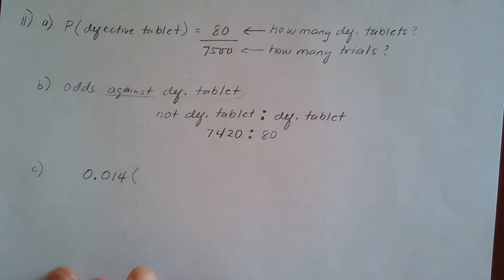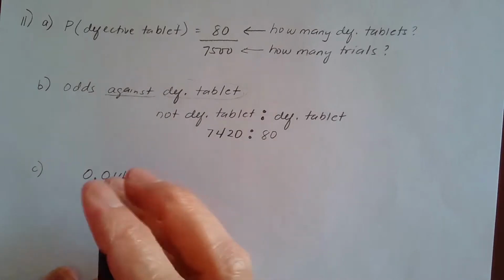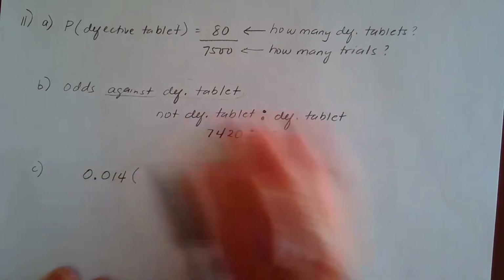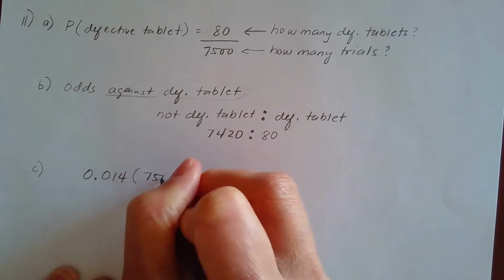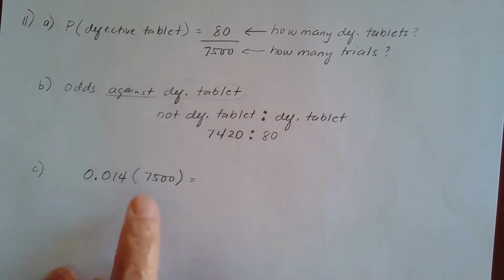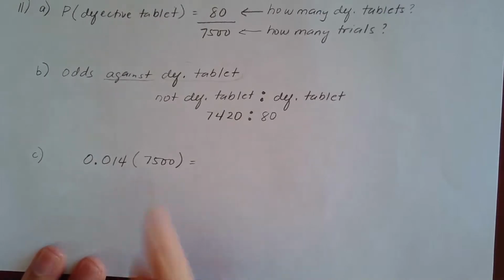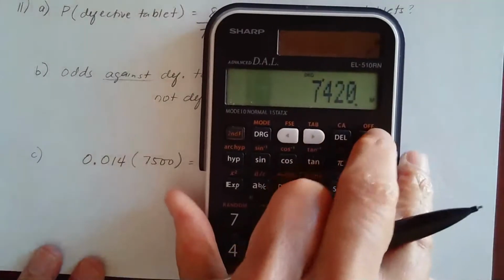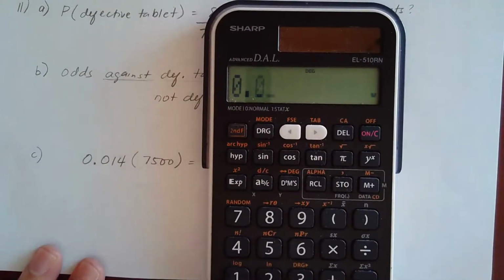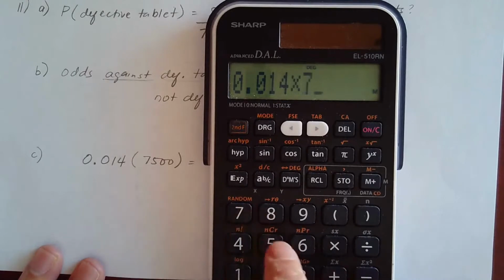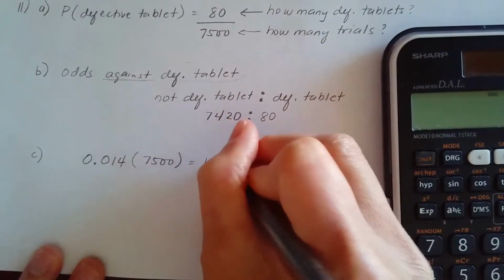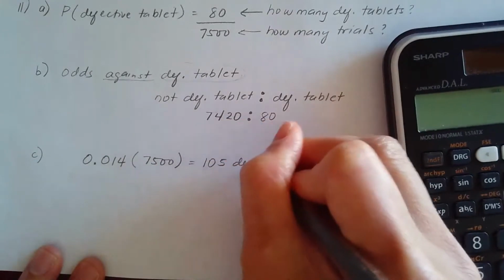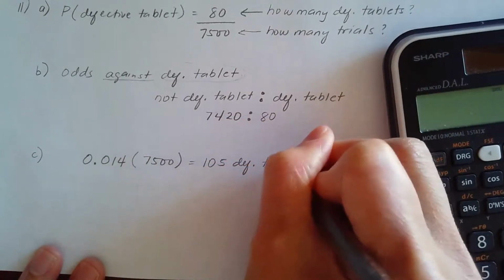Now, within that 7,500 sample, we can expect, you calculate that, 105 defective tablets.